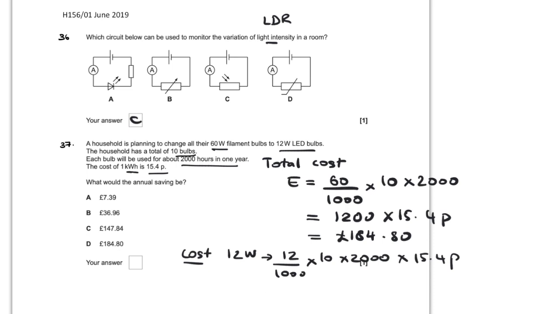That is 36 pounds and 96 pence, and therefore the difference between the two is going to be 147 pounds and 84 pence, so therefore C is my answer.